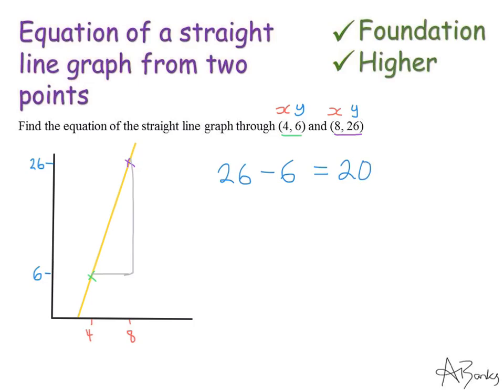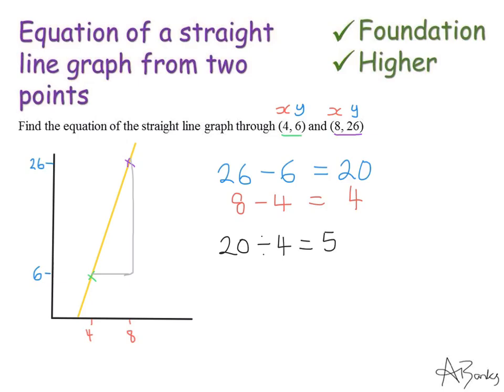And then the width of my triangle is the difference between the 4 and the 8, so it's the difference between these x values. So I'm going to do 8 take away 4, which is 4. So the gradient of my line is 20 divided by 4.